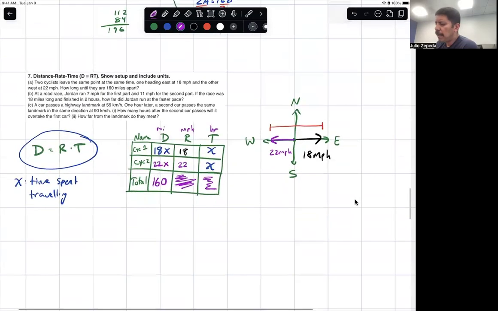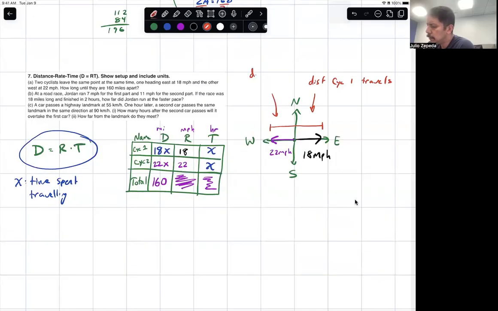Okay, but notice that here is the distance that cyclist 1 travels. Here is the distance that cyclist 2 travels. And so we want the sum of those two distances to be 160 miles. So the distance of cyclist 1 plus the distance of cyclist 2 equals 160 miles.